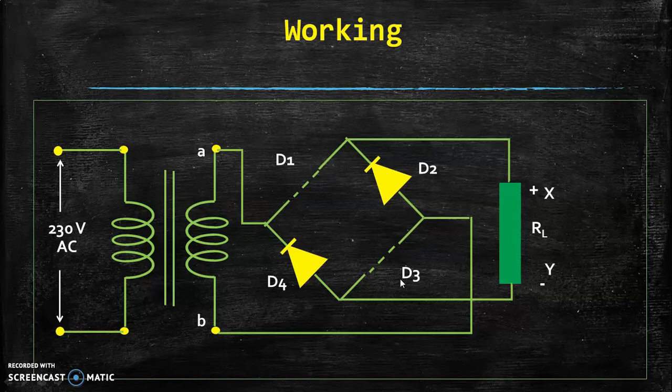Now let us see the path of conduction during negative half cycle. It starts from point B.